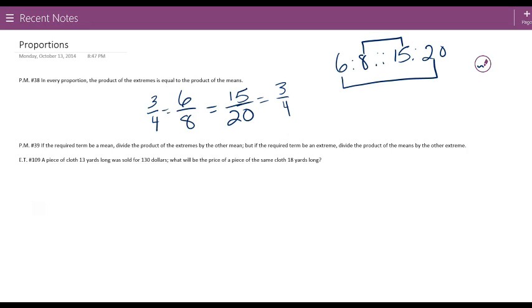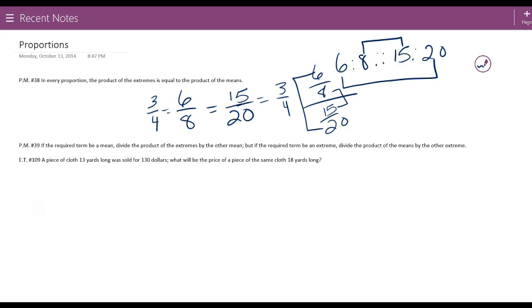And we can also, of course, write it in more compound fraction form. So we would have 6/8 over 15/20, which then still we have our means and our extremes.